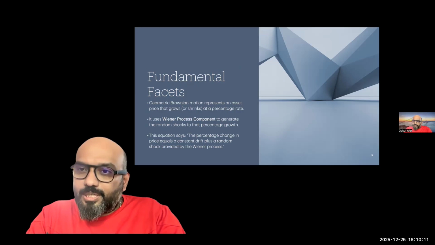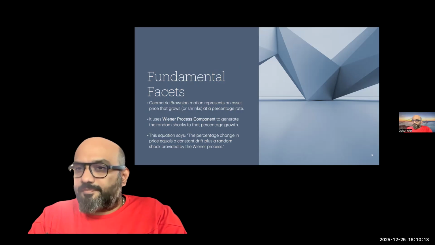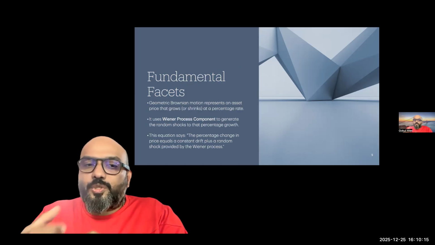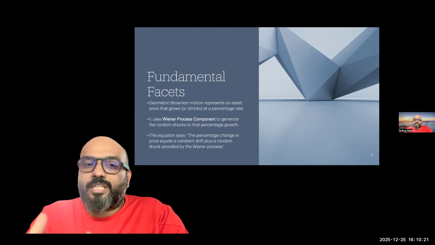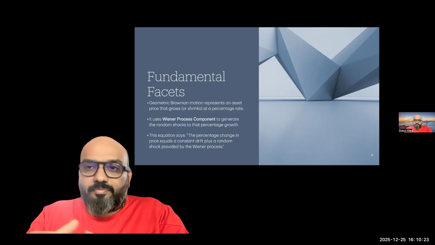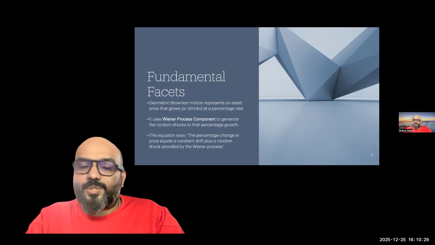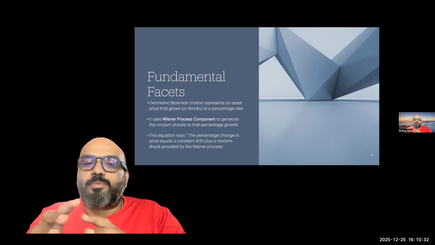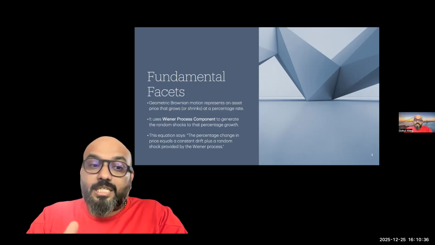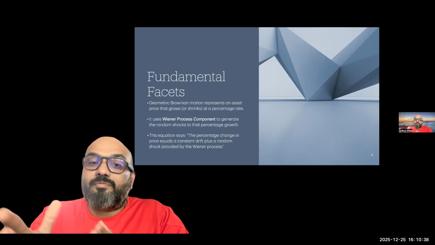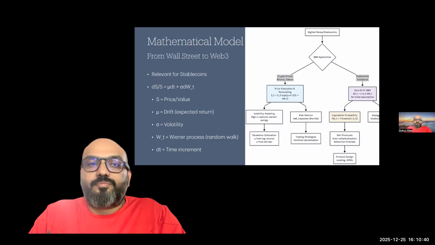So the initial component is the percentage growth or the drift component, together with a volatility component or the shock component, which follows the Wiener model. The equation can be represented textually as: the percentage change in the price equals a constant drift plus a random shock provided by the Wiener process.